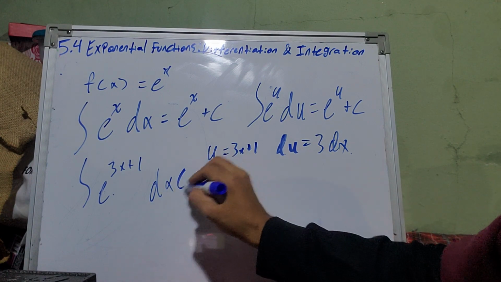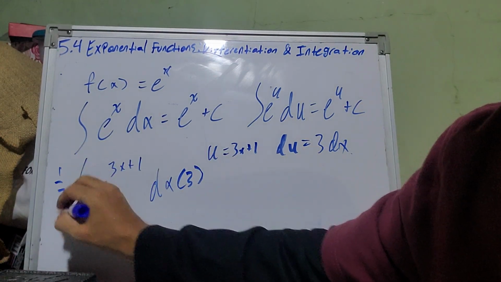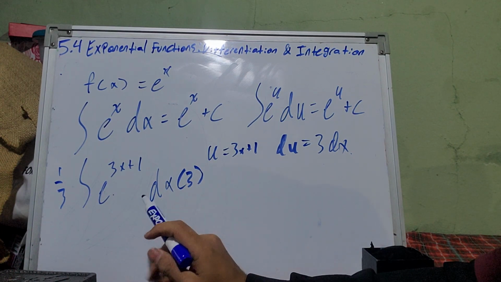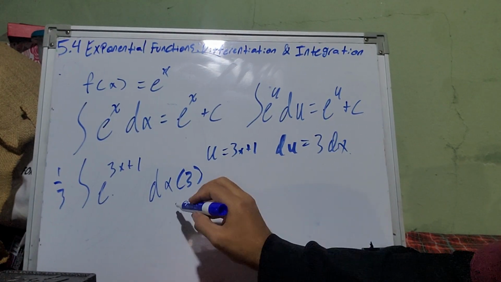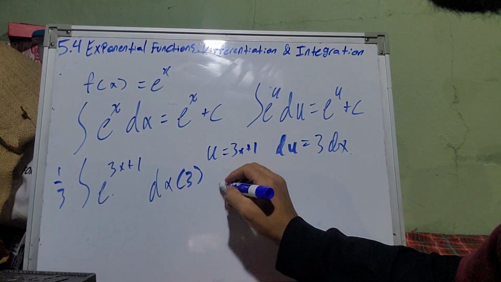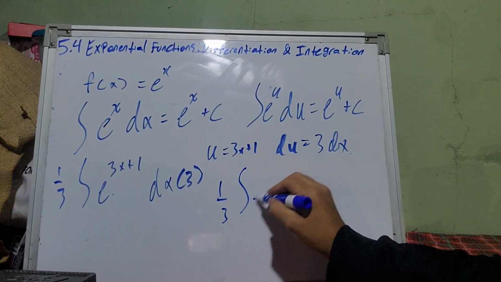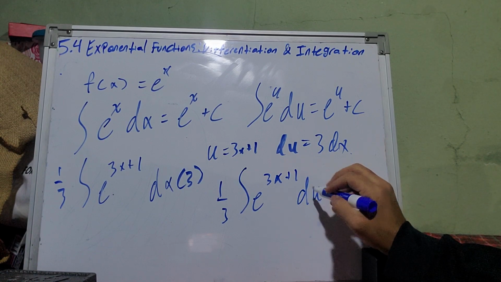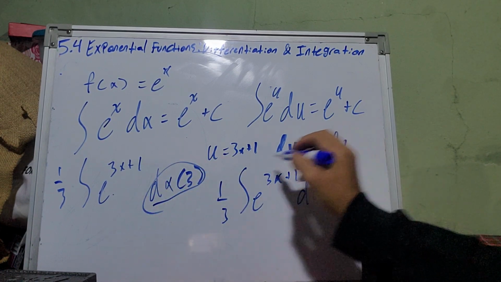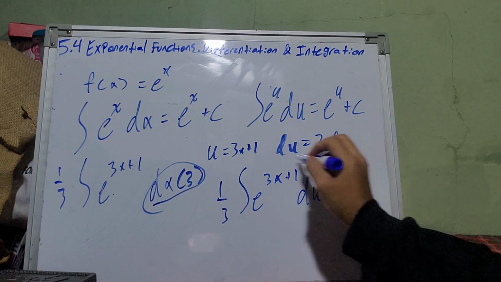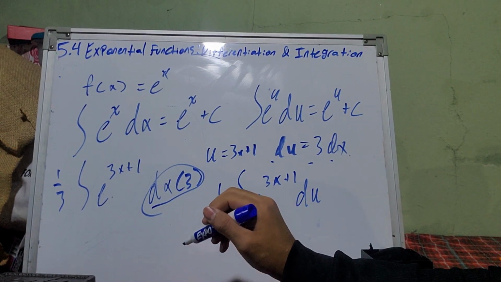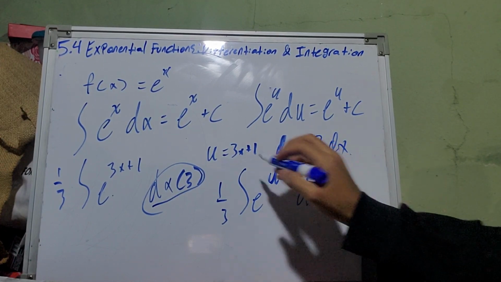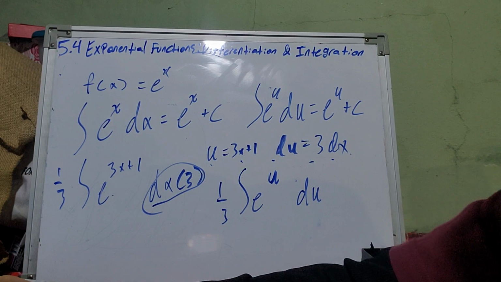So then we would multiply and divide to introduce the missing factor of 3 into the integrand, so that now we can rewrite the integral in terms of u.